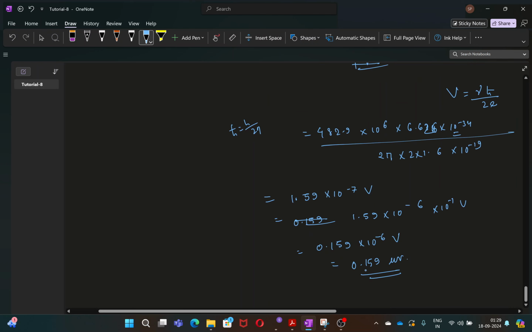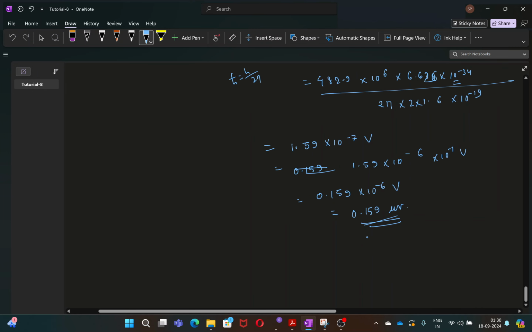If you just divide it, you will get 482.9 into 10 to the power of 6 into 6.626 into 10 to the power of minus 34, divided by 2 into pi into 2 into 1.6 into 10 to the power of minus 19. So this is 0.159 microvolt.